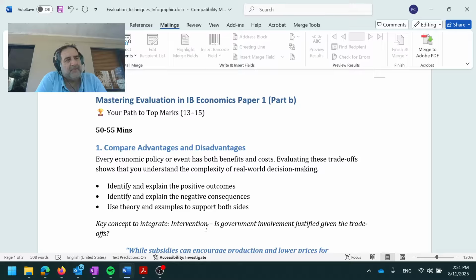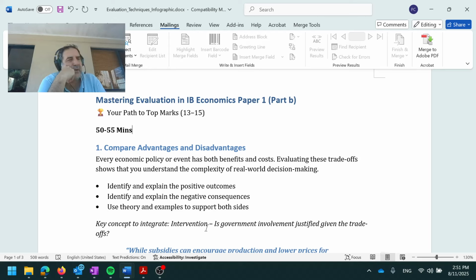Once you've done that, then you can begin to think about an alternative way you can solve a problem. So if unemployment's the issue or inflation's the issue, the question might be about monetary policy, but you need to talk about alternative ways that you can fix the issue or fix the macroeconomic objective that you're trying to solve.